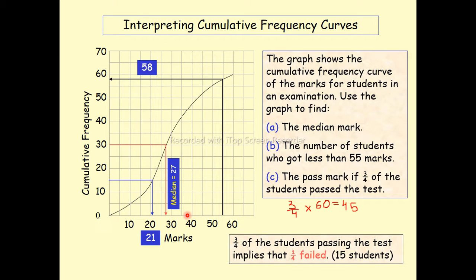So the cumulative frequency of 45 tells us that 45 students got less than 37 marks on the exam. That's all we know from that. So that doesn't really help, because we want to figure out what the pass mark is if 3/4 of the students pass the test.